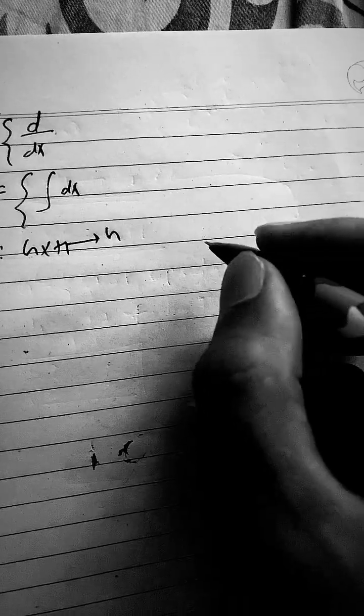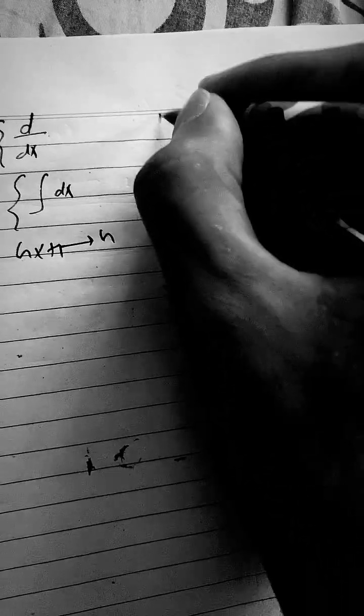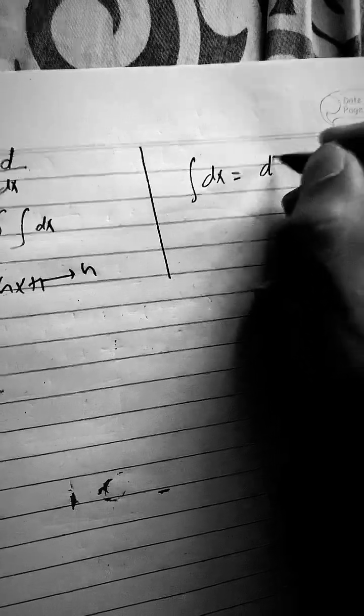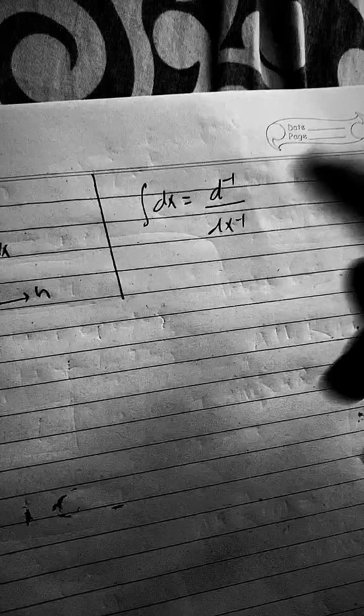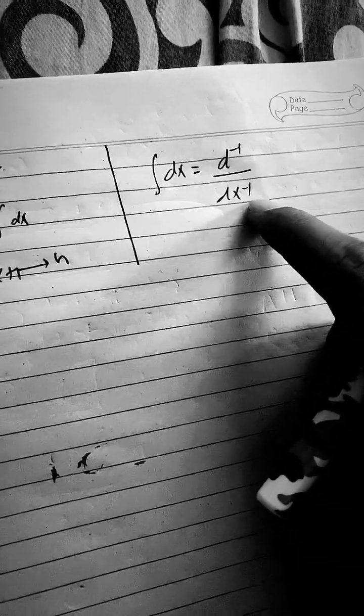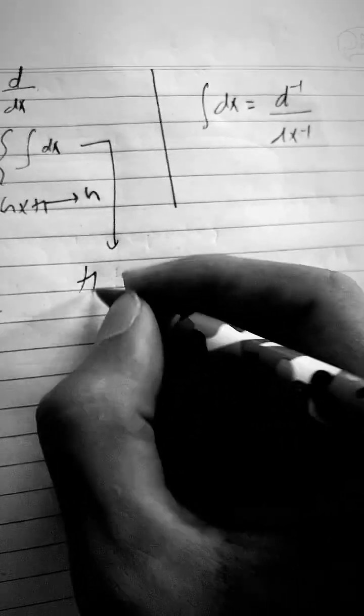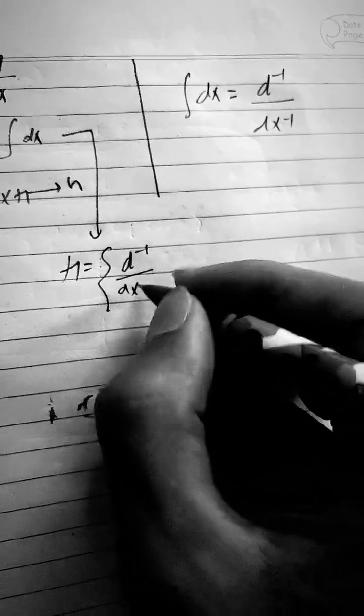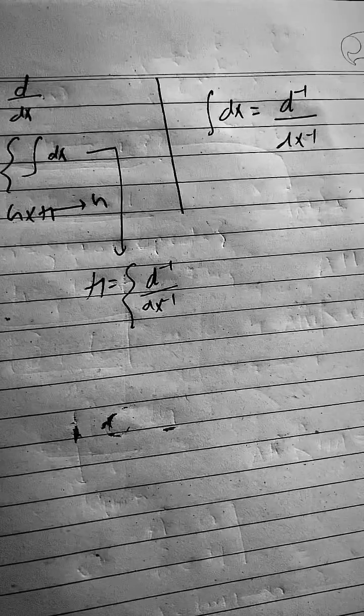Now we said, using fractional calculus, this integration of dx is defined as dy dx inverse, right, with negative 1 order derivative. So we can extend this set, and the extension of this set will be H equal to d inverse dx inverse, right?